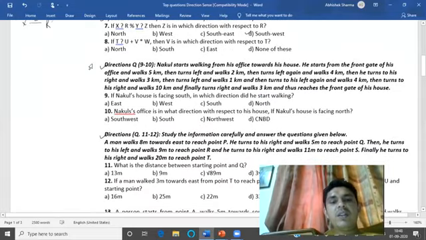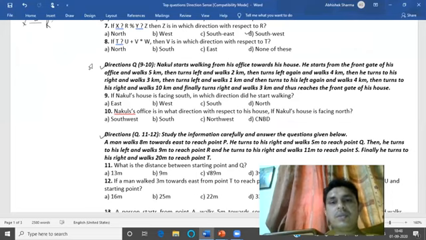Question number 9 to 10. The question is: Nakul starts walking from his office toward his house. He starts from the gate of his office and walks 5 kilometers. Then he turns left and walks 2 kilometers.